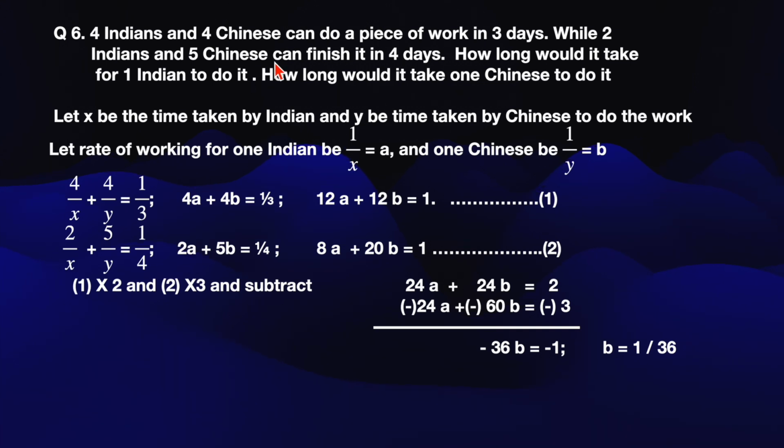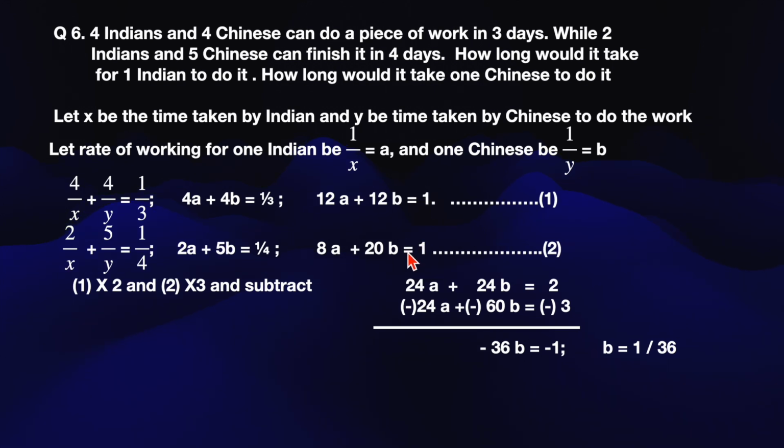So here 4 into 1 upon x plus 4 into 1 upon y is equal to 1 upon 3. You solve it, you get this equation. Similarly, 2 upon x plus 5 upon y is equal to 1 upon 4.